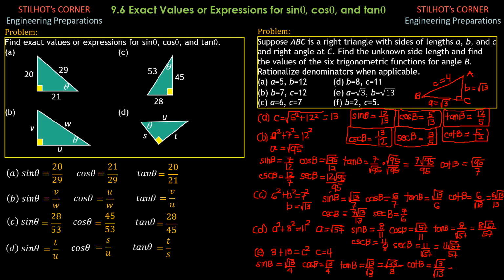But after we rationalize the denominator by multiplying square root of 13 over square root of 13, so cotangent of B is square root of 39 over 13.